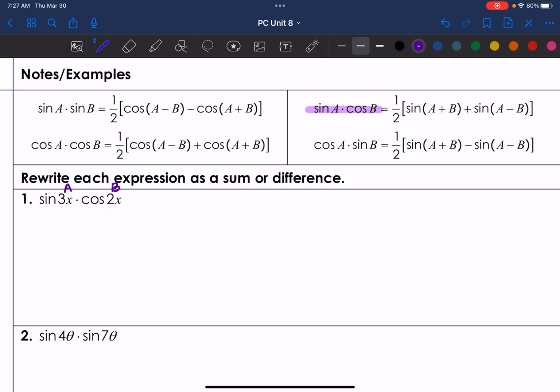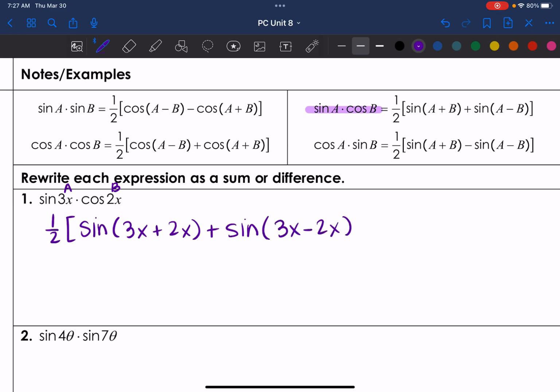So we have 1/2, then a square bracket, sine of A plus B. So 3x plus 2x. I'm getting that from here. And then I'm continuing this pattern, plus sine of A minus B. So parentheses 3x minus 2x. And then close those square brackets.